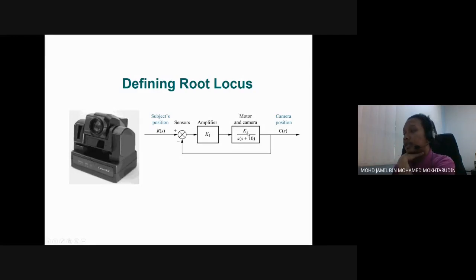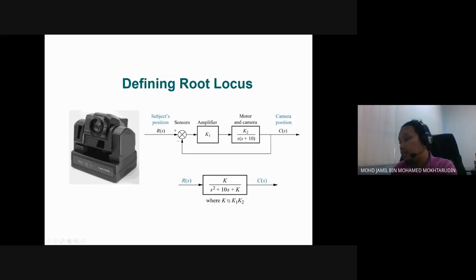Let's say you are given the transfer function equals a gain K2 divided by S times (S plus 10). So the first step is you simplify the block diagram. You will get something like this. And then you simplify K1 times K2 equals K. So this is just an example, okay? So the gain K here depends on K1 and K2.